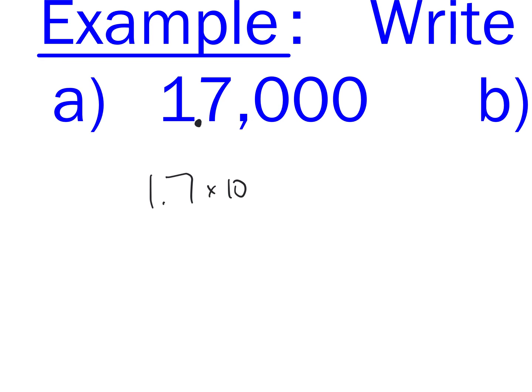Now we have to count how many decimal places we moved. 1, 2, 3, 4. So this is 1.7 times 10 to the exponent 4. That's how we write 17,000 in scientific notation.